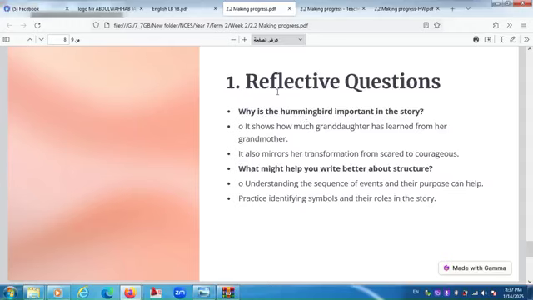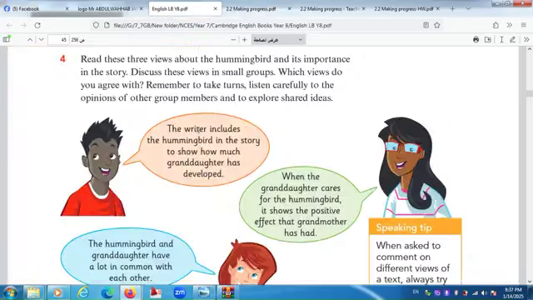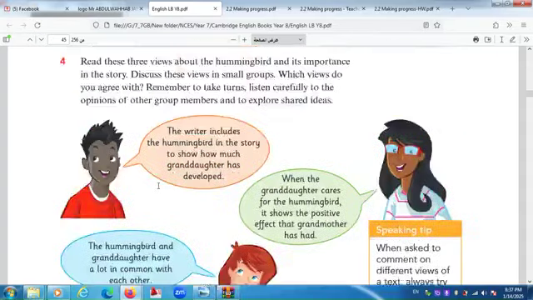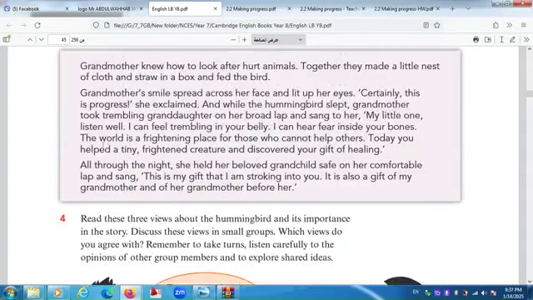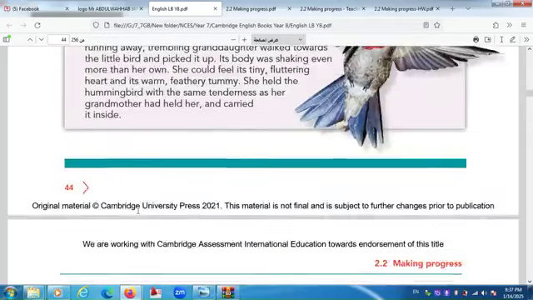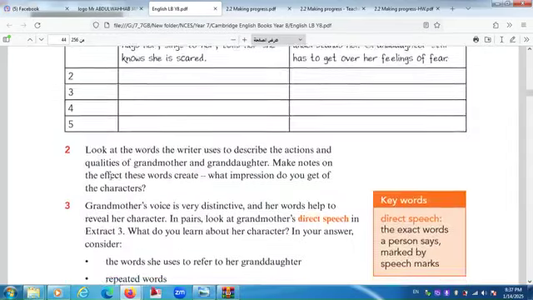So be careful with the hummingbird: why it is important, and what might help the writer to have a better structure. Of course, understanding, putting the story in paragraph shape, moving from one time to another, passing from one idea to another.